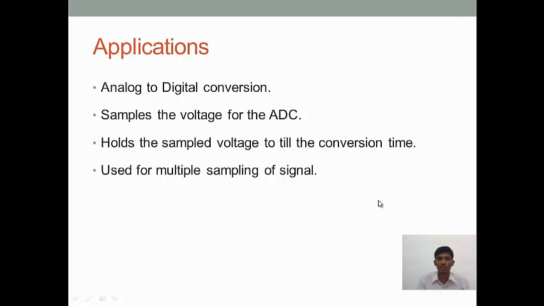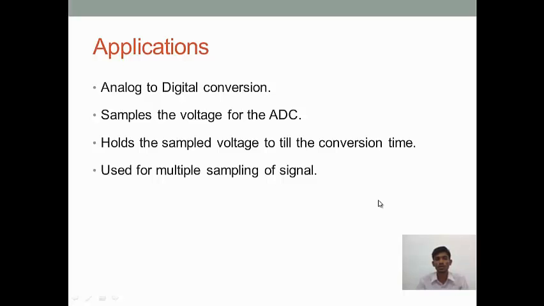As we have seen with the different types of ADCs used for converting the analog signal to the digital signal, the ADC requires a constant voltage at that particular instant. That means for the particular conversion time, it requires a constant voltage at the input side. That constant voltage is provided by the hold circuitry, which holds the input voltage for some time for the conversion.